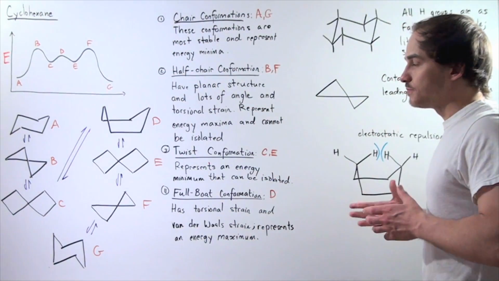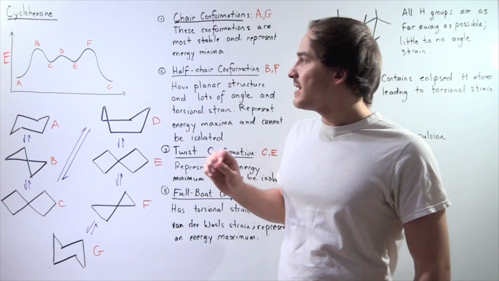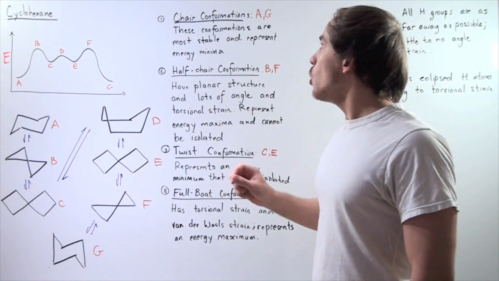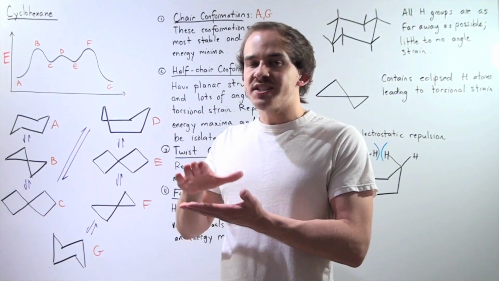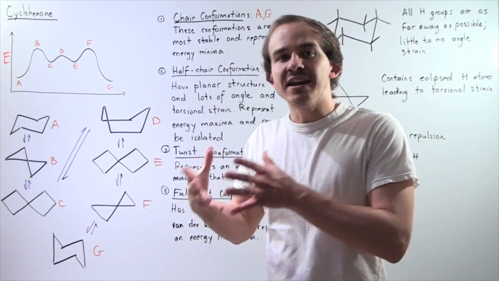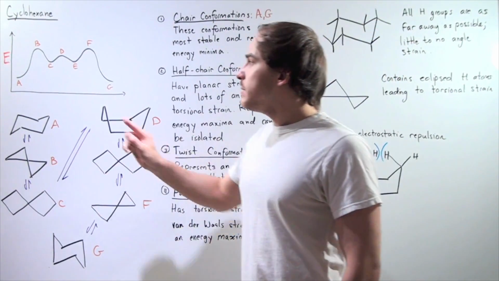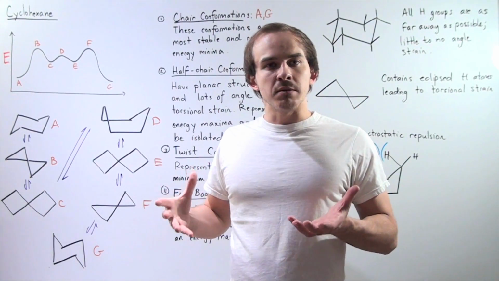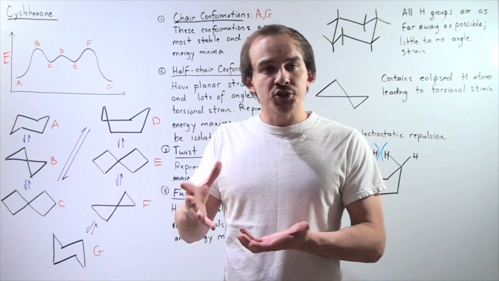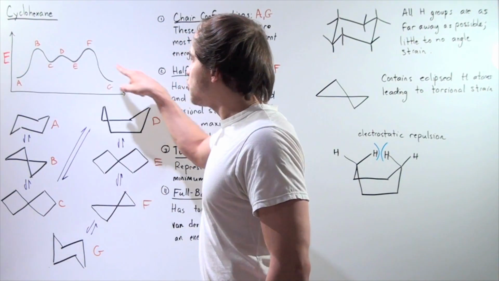So once again, the most stable conformations of cyclohexane are A and G and are known as chair conformations. When we have a very low temperature, when we have no energy available, our conformations will only be A and G. But if we have a lot of energy available, for example, if we're at room temperature, that will give us enough energy to overcome these two humps.